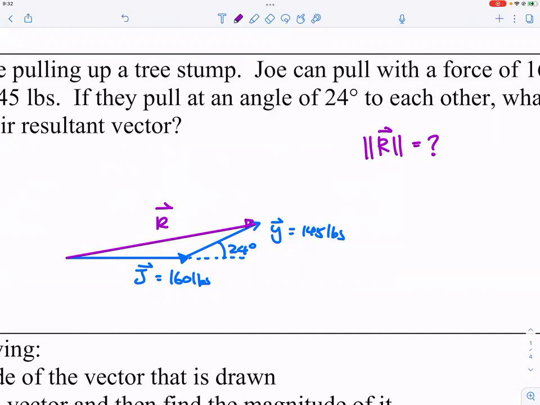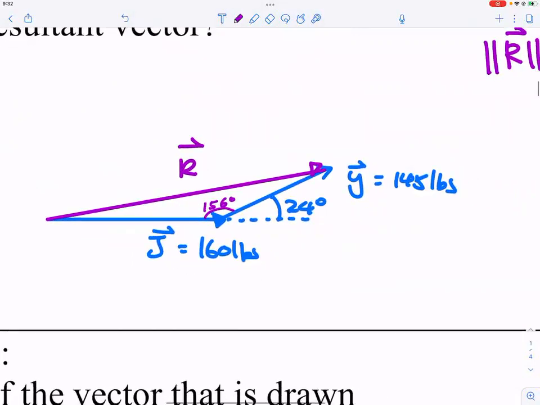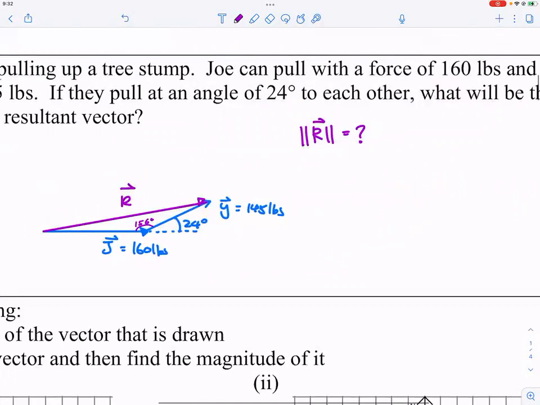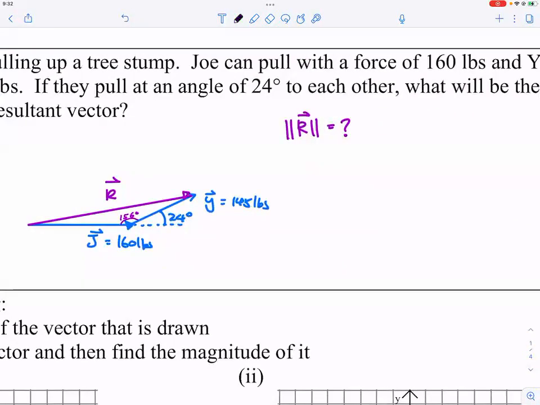If you know the angle here is 24 degrees, that means the other angle must be 156 degrees. Since you have the length of two sides, you want to find the length of the third side, and you have one angle, guess what? That's your law of cosine right there.